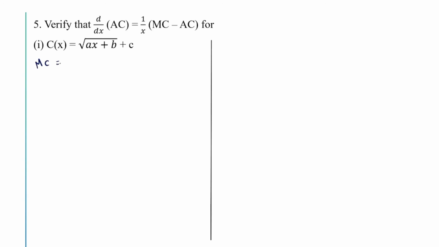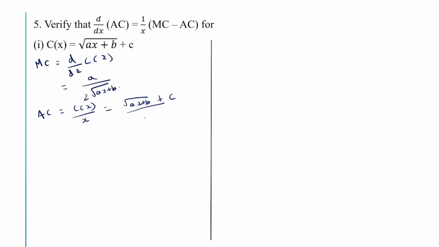So marginal cost is equal to d by dx of total cost. So it is equal to a by 2 into root of ax plus b. Now let us find average cost. Average cost is total cost divided by x. So it is root of ax plus b plus c divided by x.